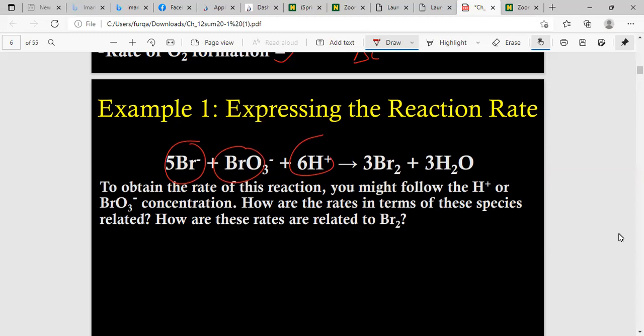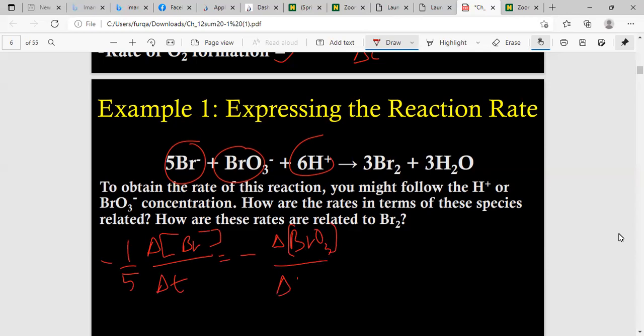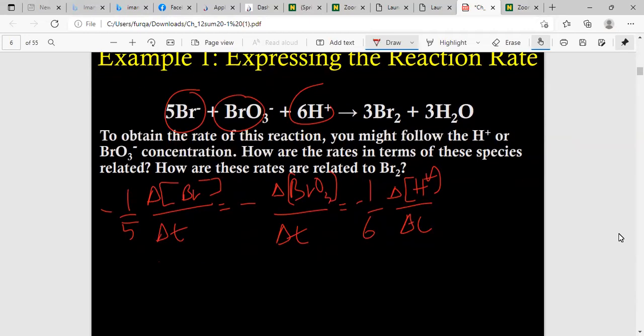When you write it down, you're going to say negative 1/5 change in the concentration of Br negative over change in time is equal to, again, negative change in the concentration of BrO3 over the change in time, is equal to, again a negative for hydrogen ions, 1/6 change in the concentration of H pluses over the change in time, right? And for all the products that you see here, you're just going to write down plus, plus, plus.